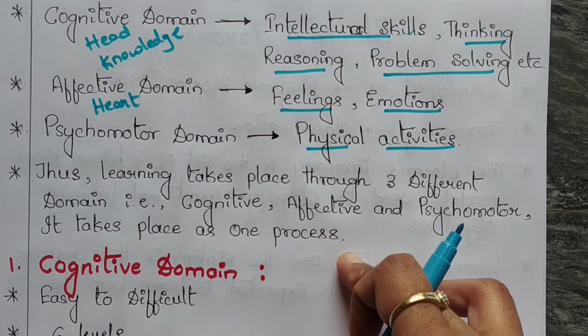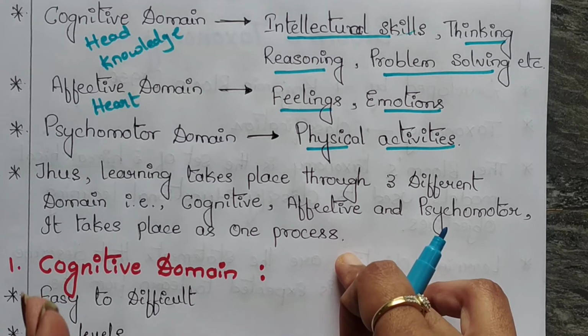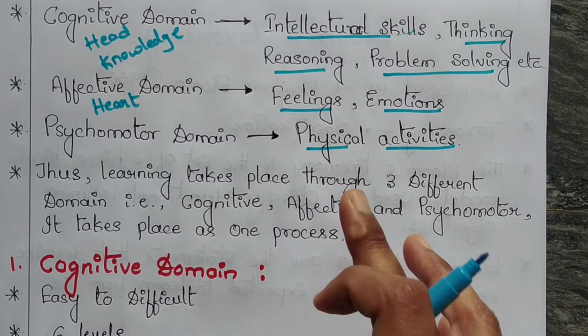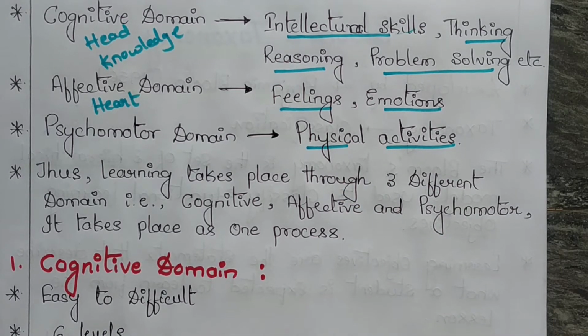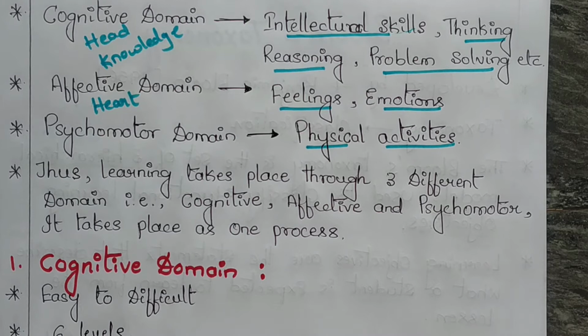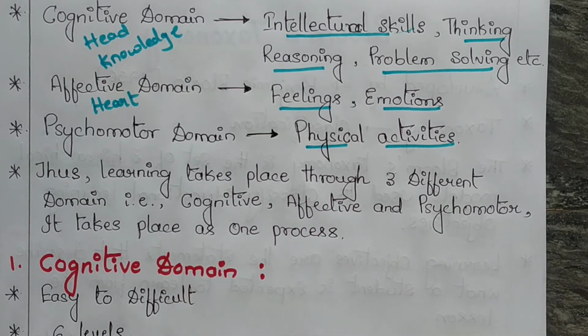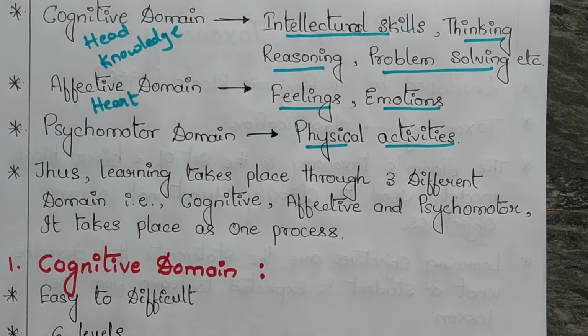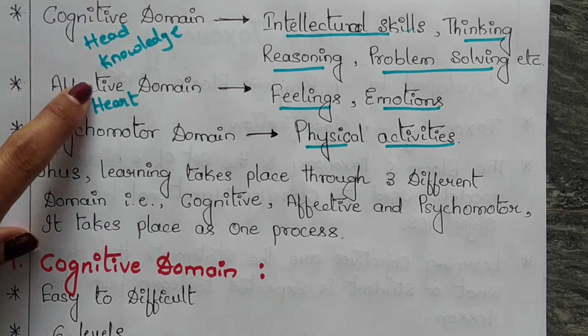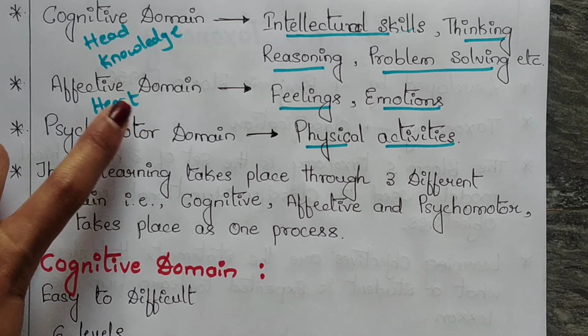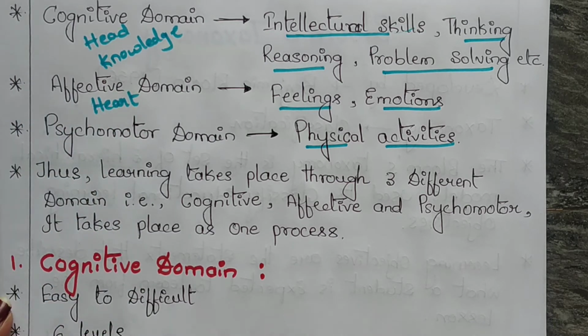That is one aspect of it. They use their feelings and emotions to learn, but it happens step by step. There are 5 steps in the affective domain, and I will explain them in the next video.